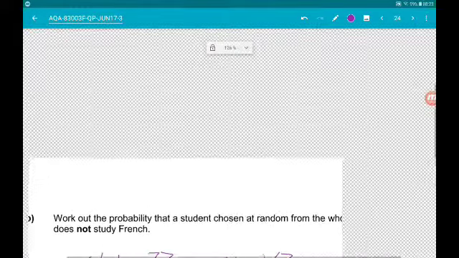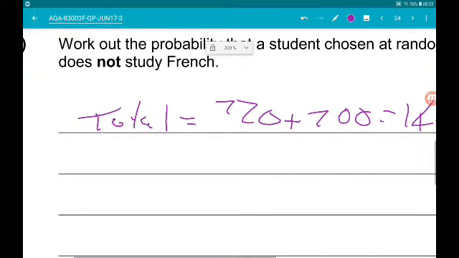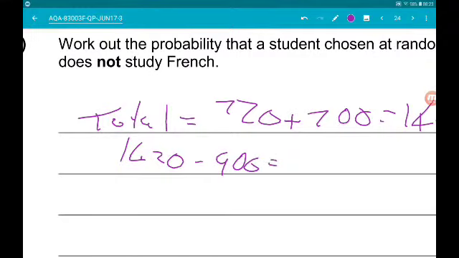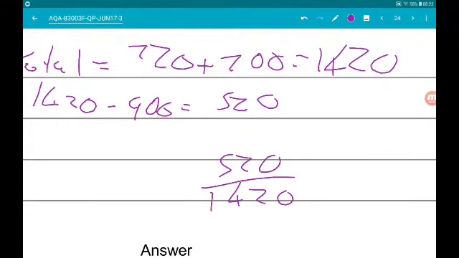Now we know that 900 study French, so the ones that don't study French are 1420 minus 900, which is 520. So the probability is 520 over 1420. We don't need to simplify it, our calculator can do it anyway, so that's fine.